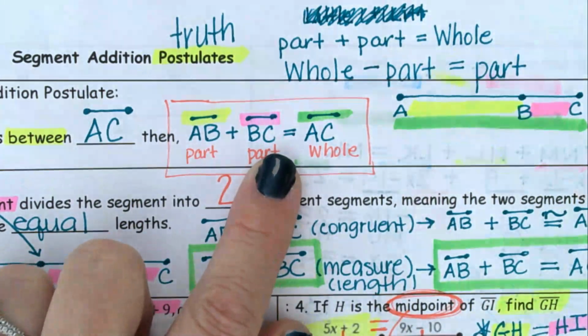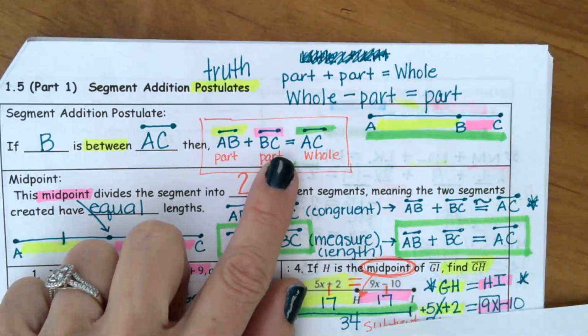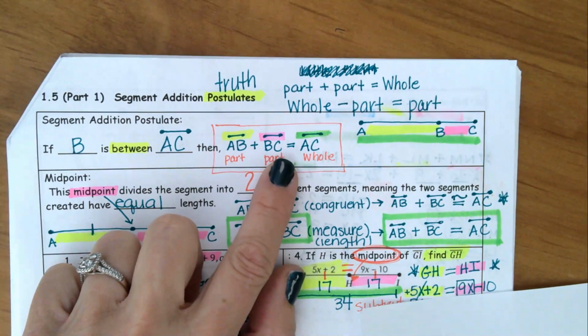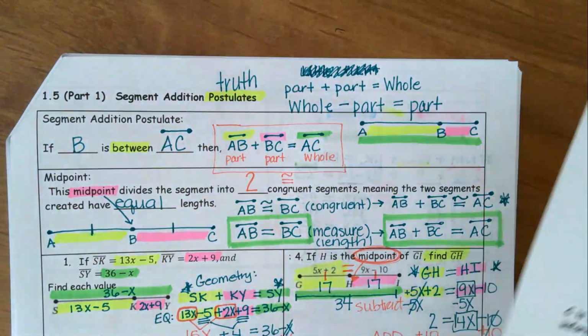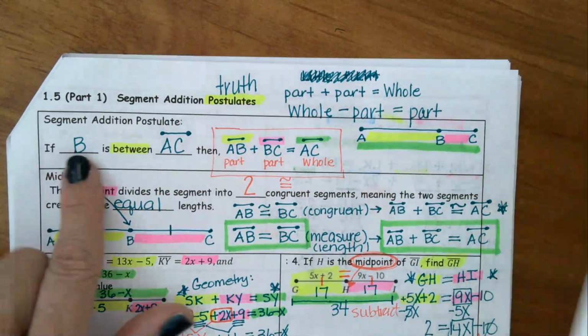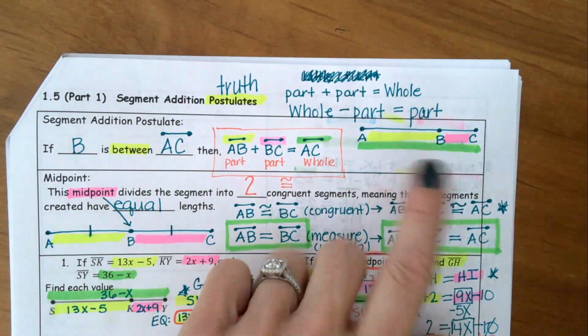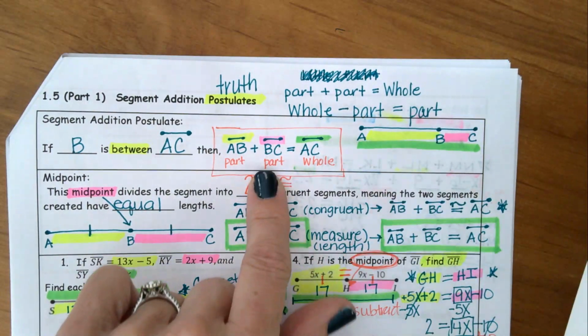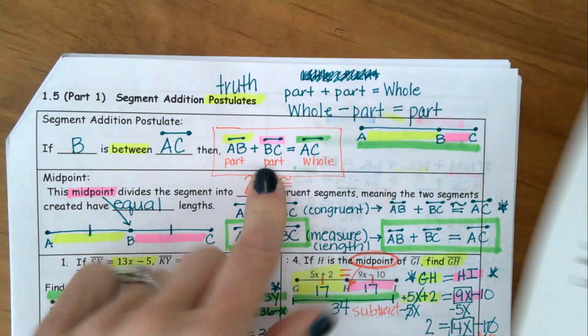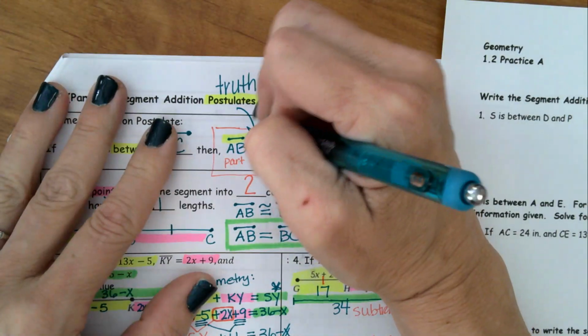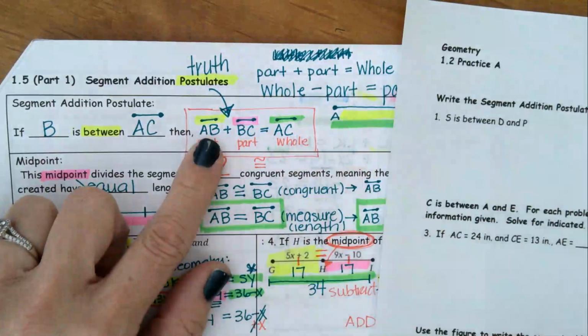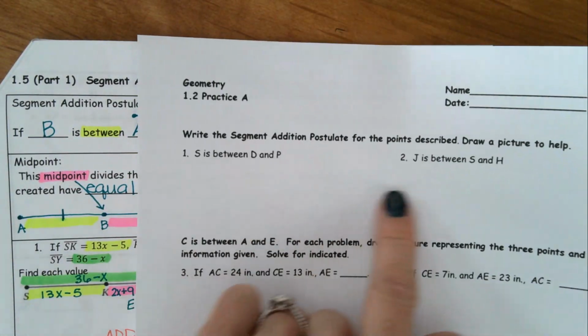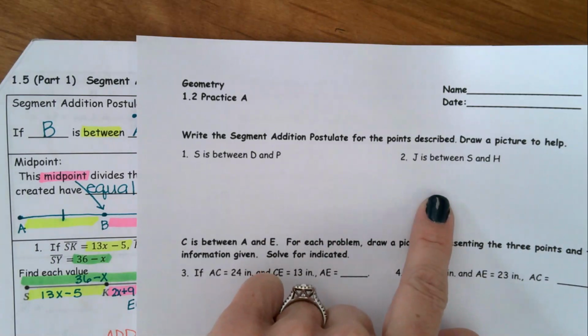You see that right there? Okay, you see this? So we draw a picture and then we write, this is called a postulate. That's what this is. That is what you're going to do right here. Okay? Everybody got that? That'll be your job in a minute.